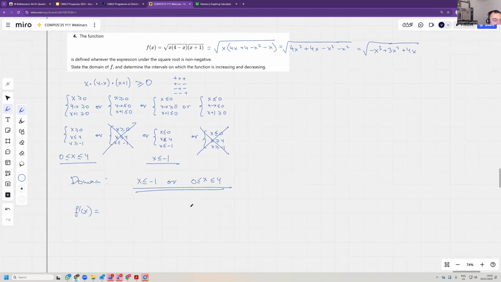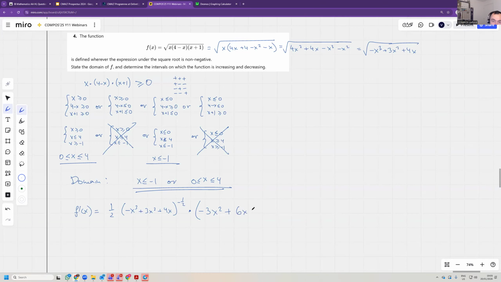And to find the derivative, we do 1/2 multiplied by minus x cubed plus 3x squared plus 4x to the power minus 1/2 multiplied by the derivative of that. So minus 3x squared plus 6x plus 4, the derivative of that. I'm using the chain rule here.